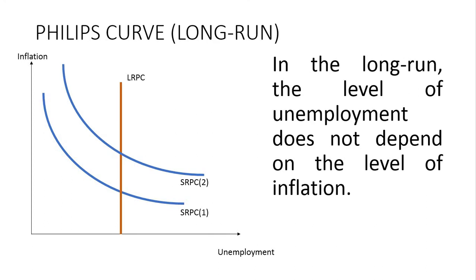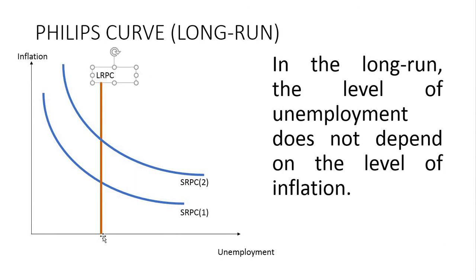So basically it reflects a very simple and intuitive idea that in the long run unemployment depends on some structural factors, like productivity of the labor force, stock of human capital, technological advance, and so on. So for instance, if the government invests in training, education, and so on, structural unemployment goes down, so the natural unemployment rate decreases, and the long-run Phillips curve would shift to the left.